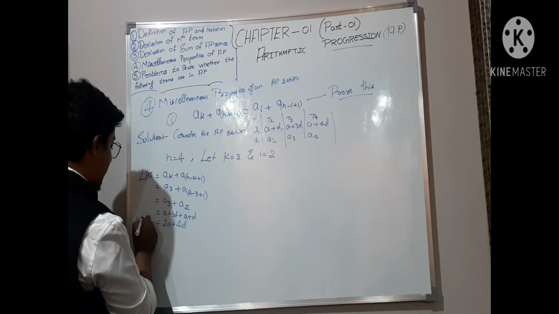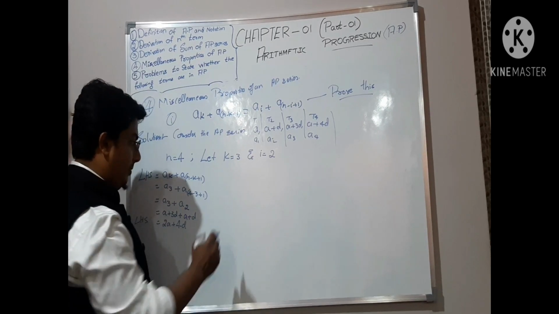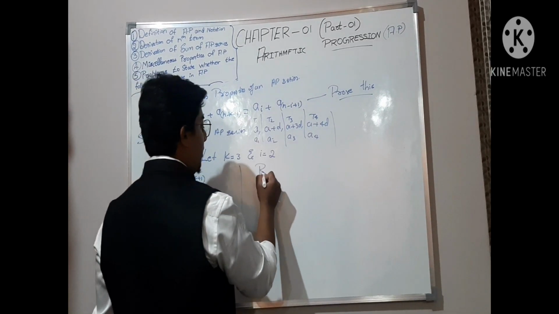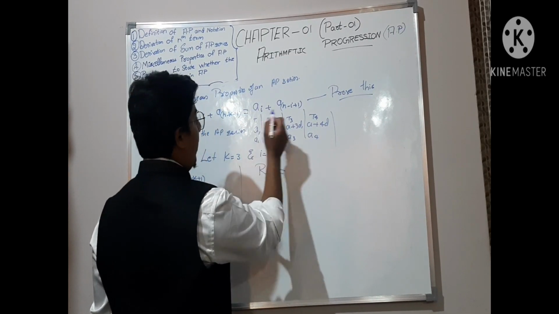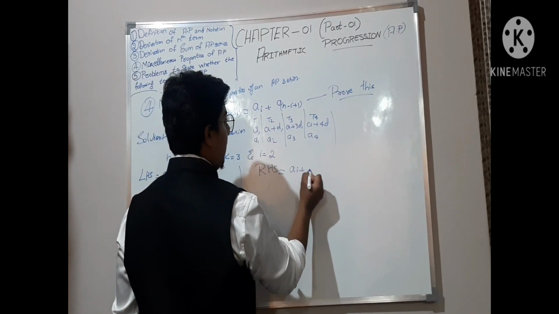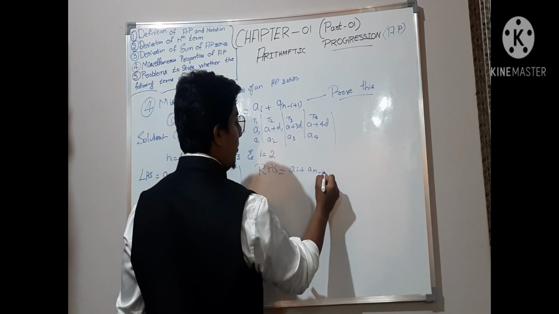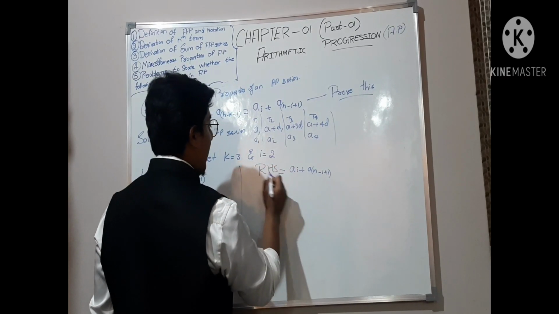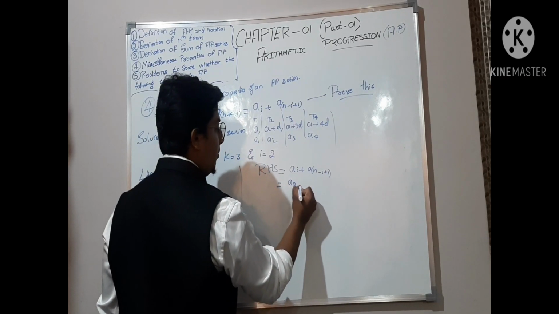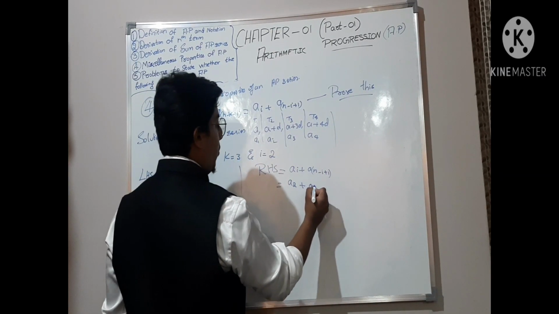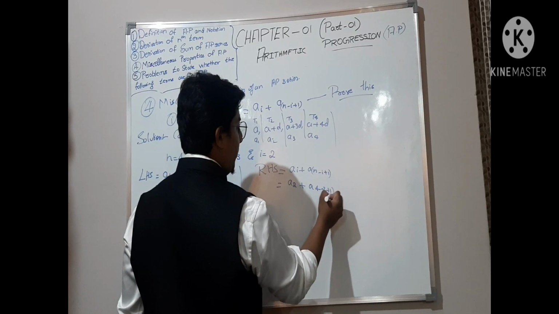This is the LHS. Coming to the RHS, we have a_i plus a_(n minus i plus 1). I is 2, and n is 4, so 4 minus 2 plus 1 is 3.